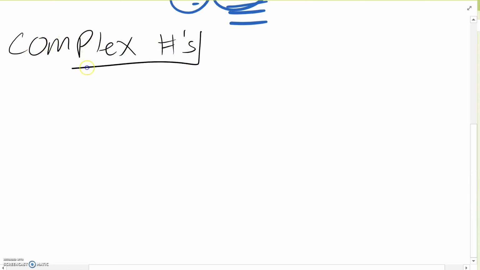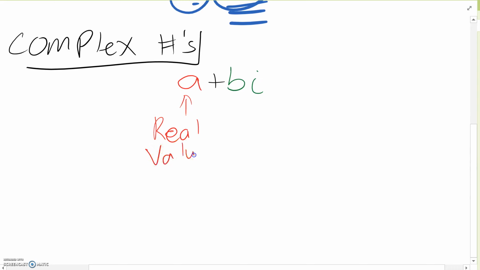Complex numbers. Complex numbers involve imaginary numbers, and that's why people say they're the same thing. But a complex number is in the form a plus bi, where a is my real part of the number, so it's a real value, and bi is my imaginary value.